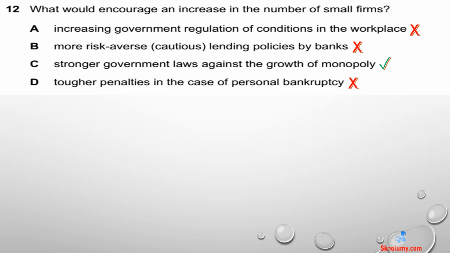It is costly to meet up with regulations, and it will be an additional burden on small firms that are already constrained by finance. B is wrong because banks find it more risky to give loans to small businesses because of poor track record. D is wrong because small firms can easily fail and tougher penalties will discourage their establishment.